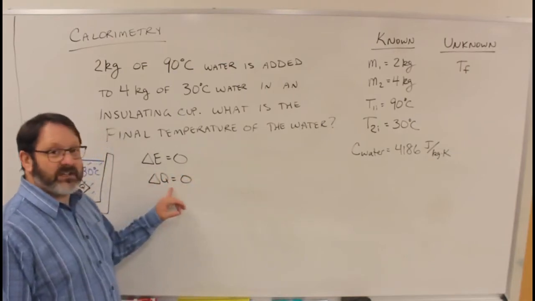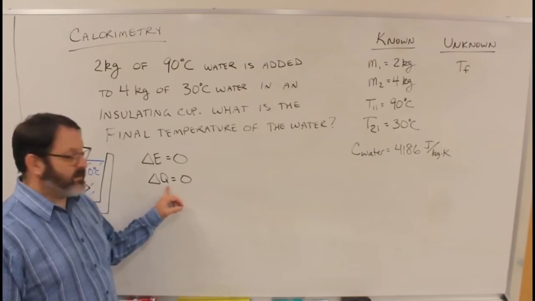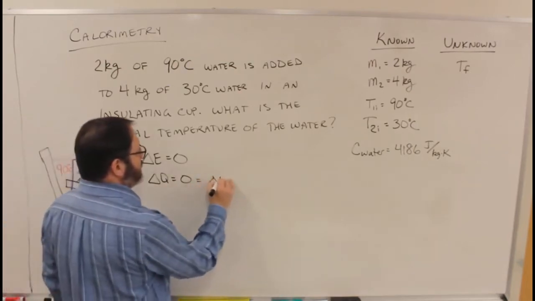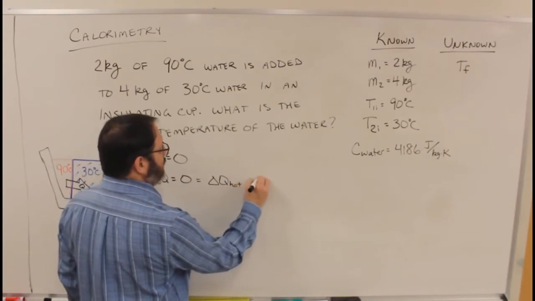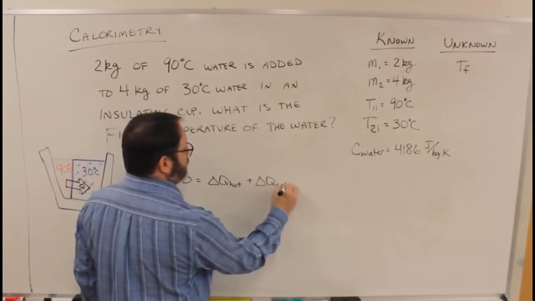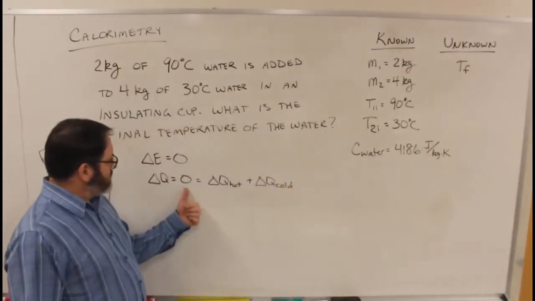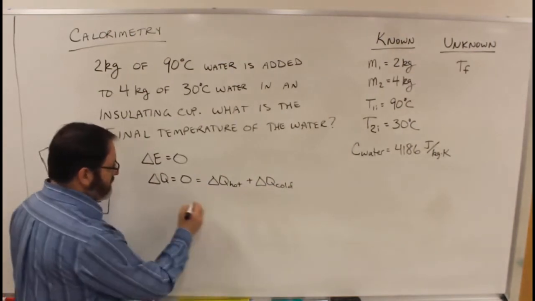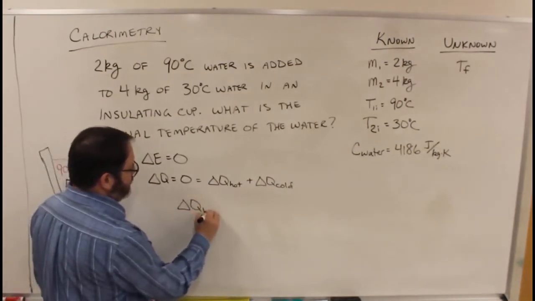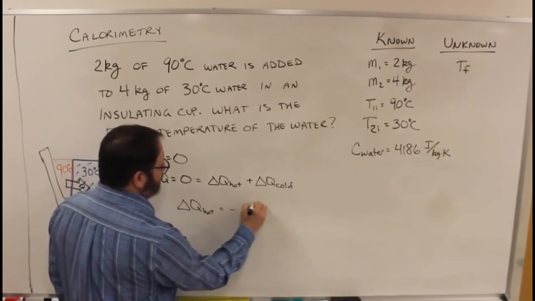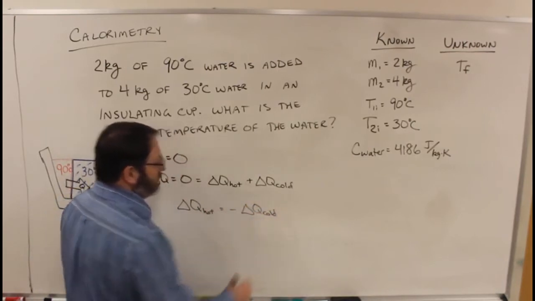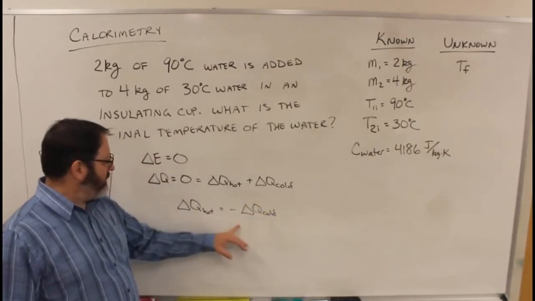So the total change in heat has to be zero. That's the change in the heat of the hot water plus the change in heat of the cold water. So zero is the sum of those two. That must mean that the change in the heat of the hot water is minus the change in heat of the cold water.